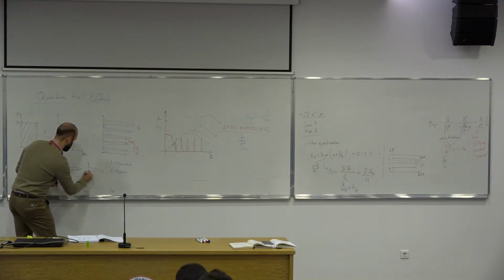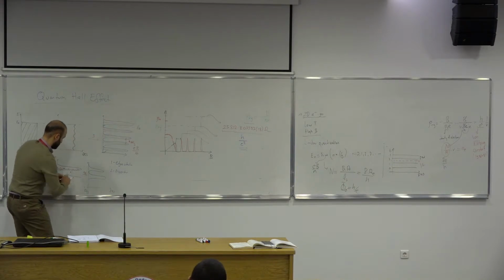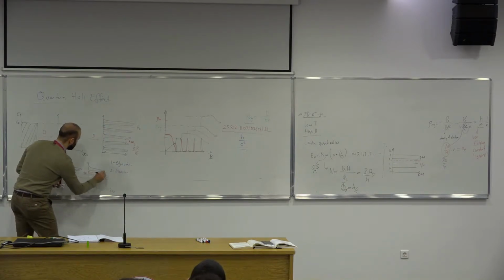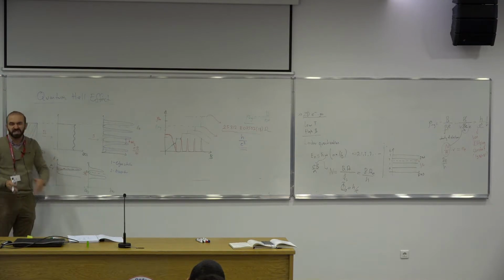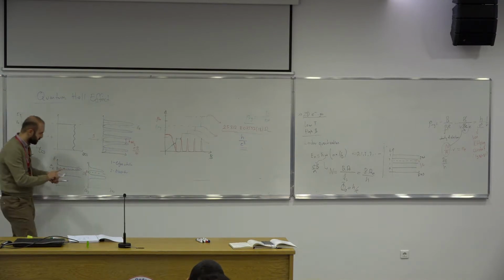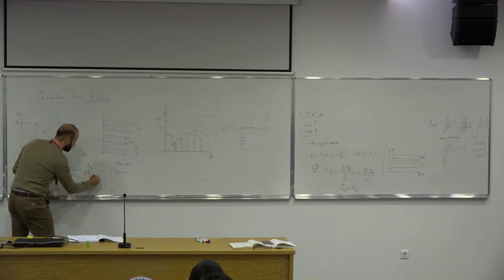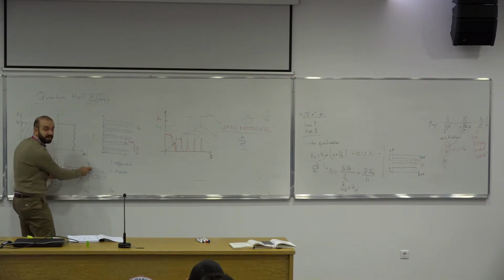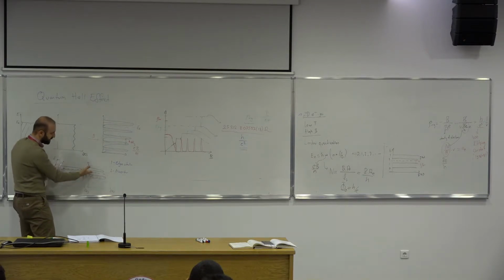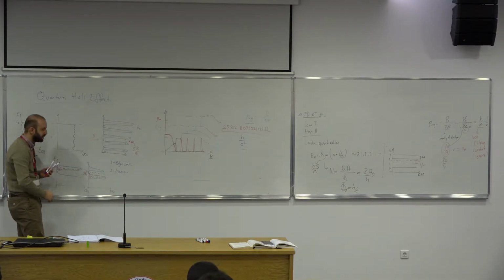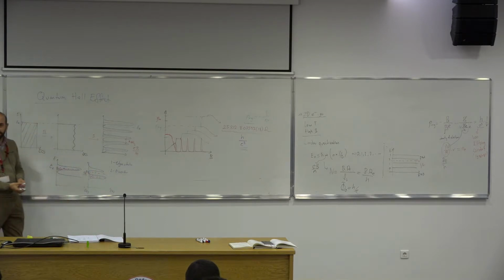This is what I'm going to have. So my Fermi level lies in the mid state, just like a semiconductor. So this will be completely filled. This will be completely empty. But since it's above the Fermi level, there will be no electrons in that state. And this will be completely filled.